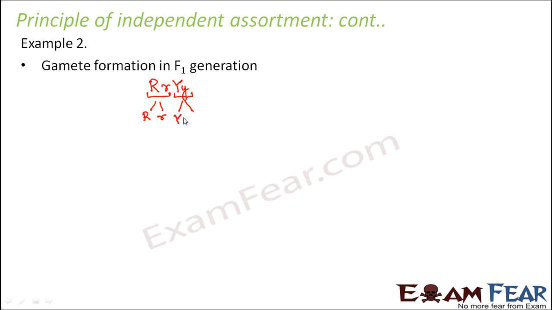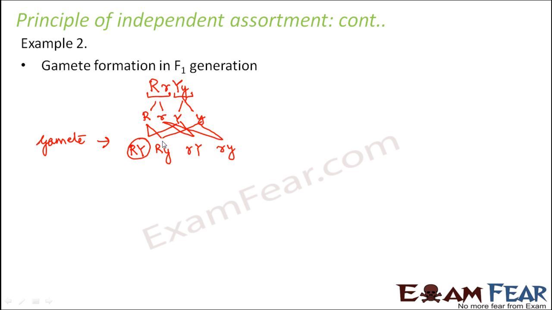Similarly here also these two alleles can segregate, correct? So now these alleles will combine for gamete formation. Again, the gamete should have one representative of each trait. So now this allele can combine with this, and can also combine with this. Similarly, this allele can combine with this, and can also combine with this. So basically the gametes which we get are going to be these four gametes.